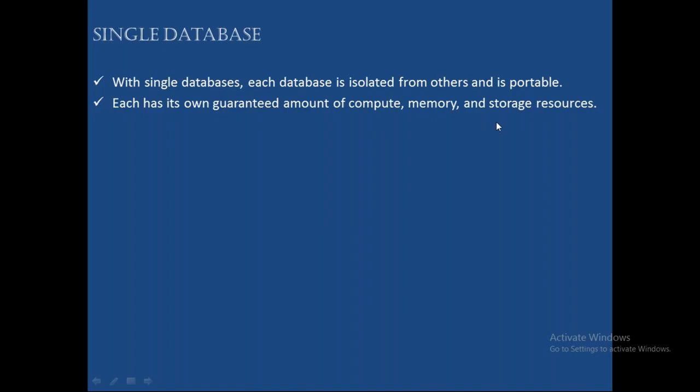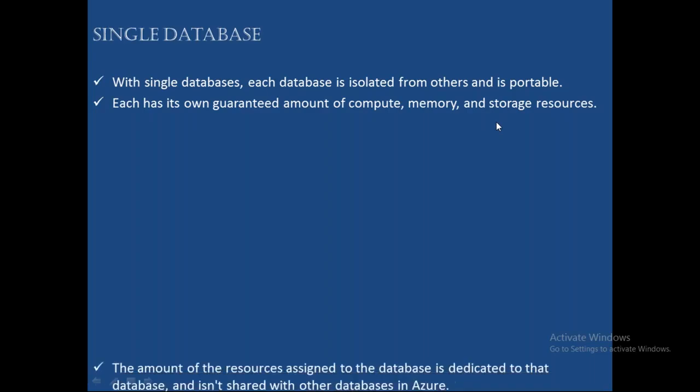Single database means that even though you have multiple databases, whenever you talk about a single database, its compute power, storage, and memory will be increased and utilized by that single database only. When you increase the compute power, memory, and storage for a single database, those resources will be used by that single database. Okay, you will have more clarity next.